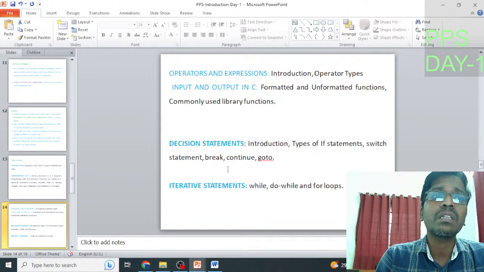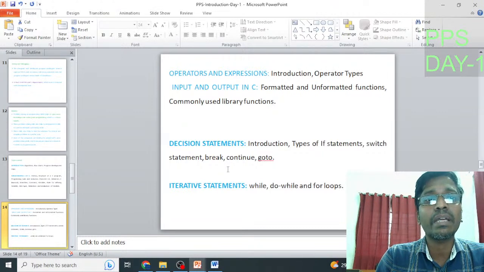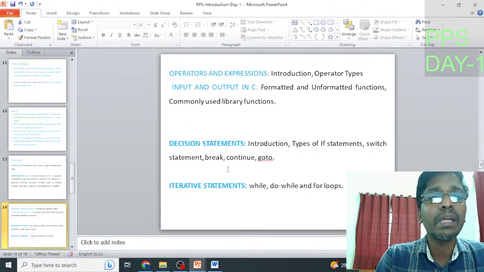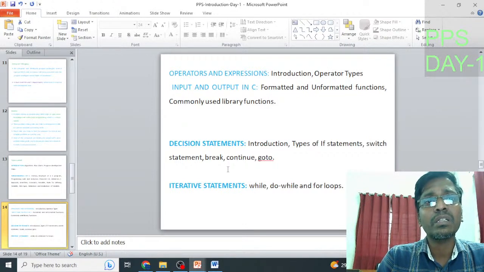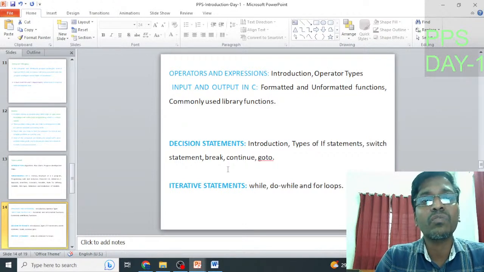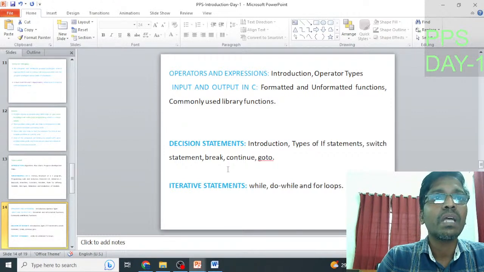And after that, I want to discuss iterative statements, like loop control statements, like for loop, while loop, and do while. And after that, I want to discuss the difference between while and do while, followed by some programs.